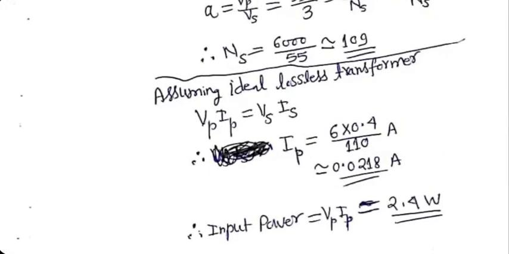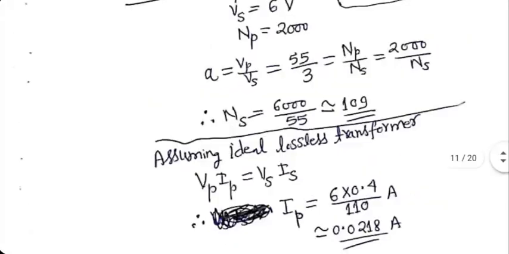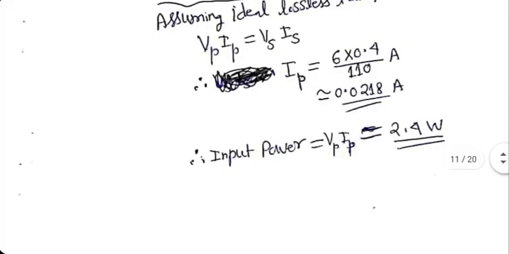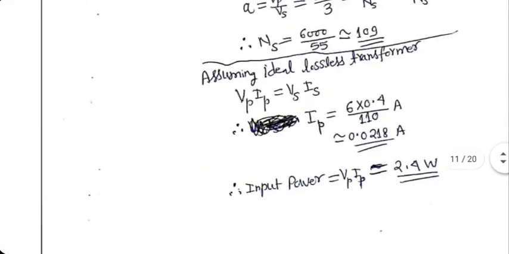IP is easy to calculate by using VPIP equal to VSIS. It's an ideal transformer. And once you know IP, you can do VPIP multiplication, which will be the same as VSIS multiplication. You can double check that. So the power requirement is around 2.4 watt. You can check my calculations later.